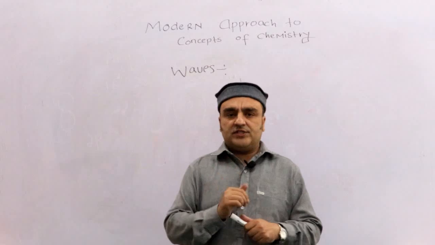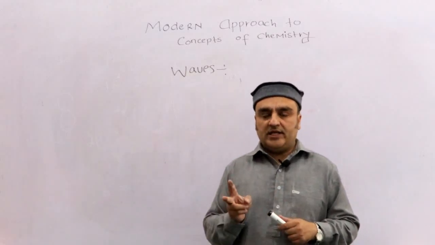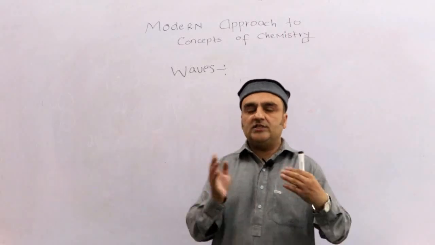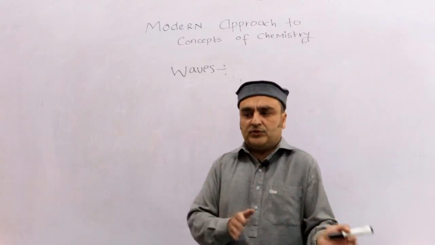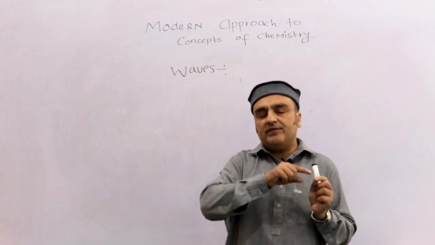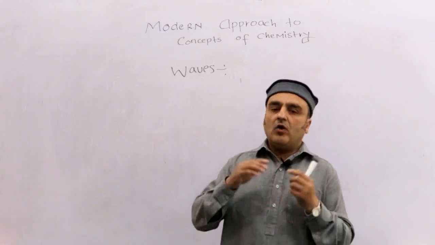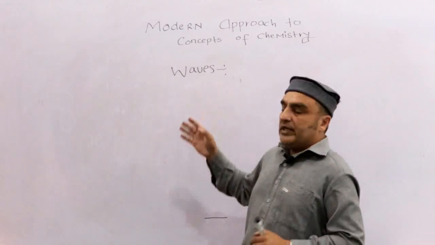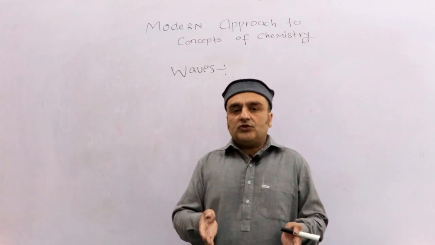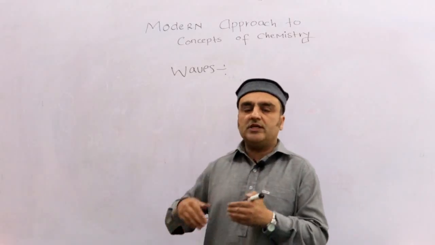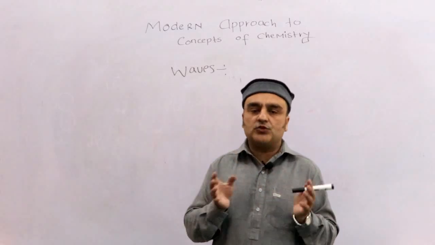As you might have studied, an electron can behave in a dual way, meaning in two ways: it can behave like a particle, or it can behave like a wave. So in an atom, the electrons behave like a wave. So we need to study the wave, what a wave is and what the parameters of the wave are.